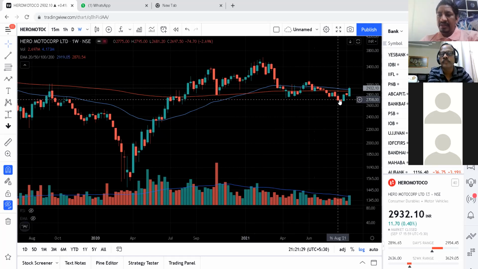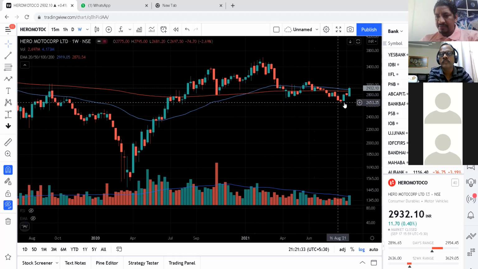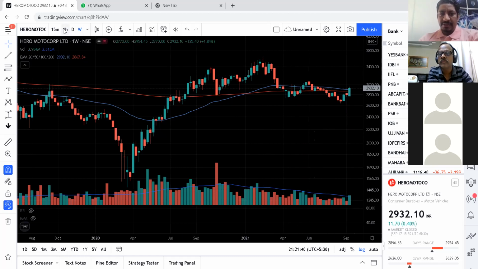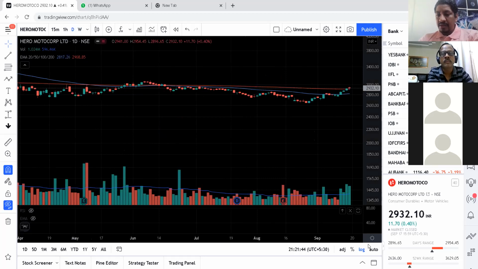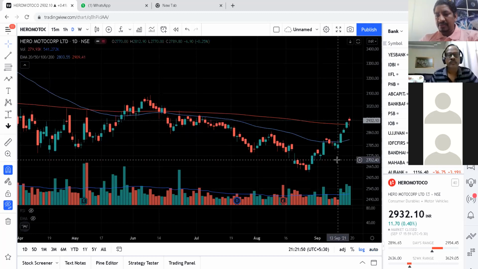Now, can you say that the reversal has already happened? We found one reversal sign on the bottom side, and we might have taken the entry based on that head and shoulder. We cannot wait for the whole reversal and then take the entry. It will be very costly, right?